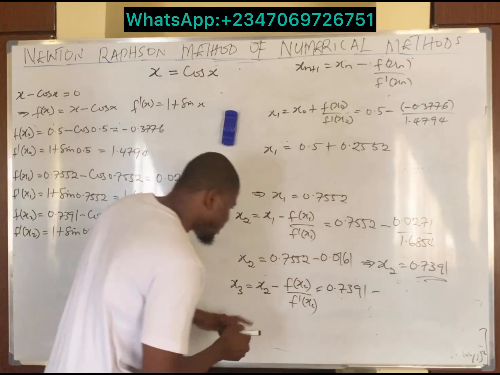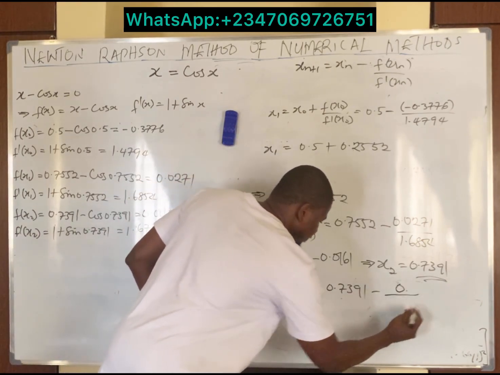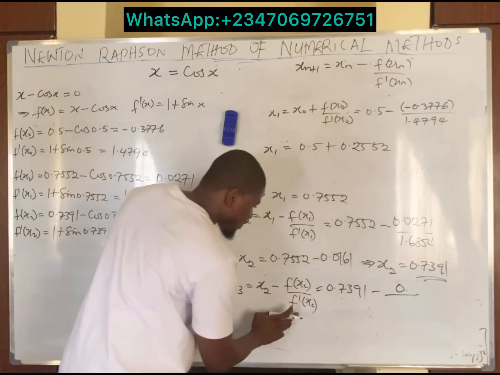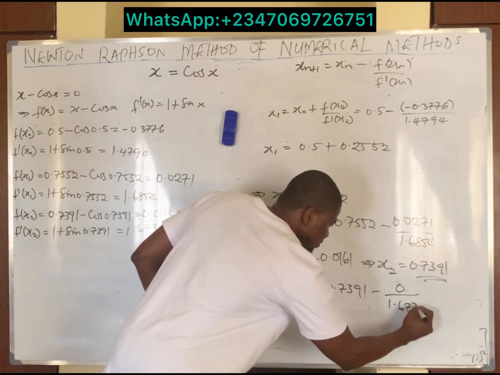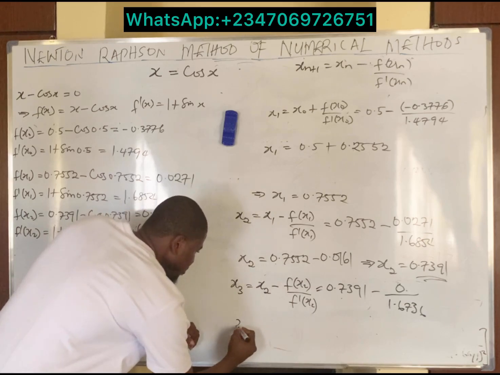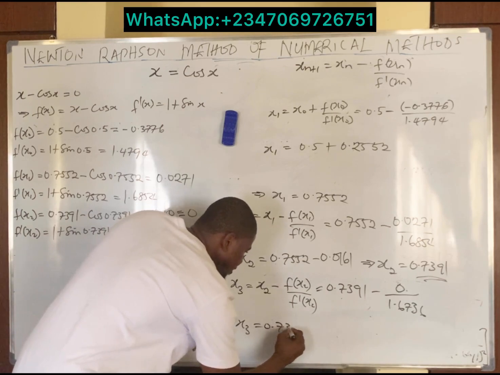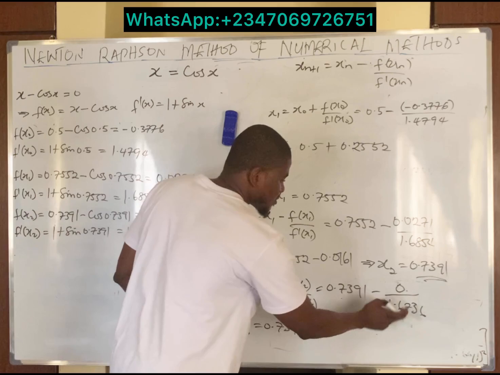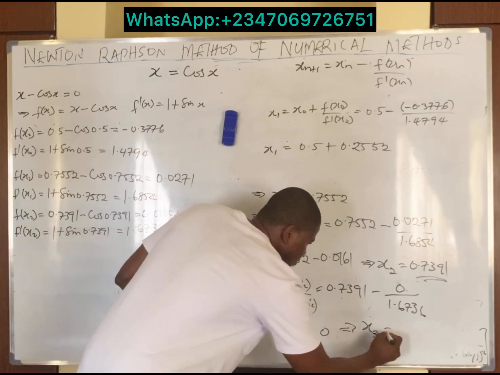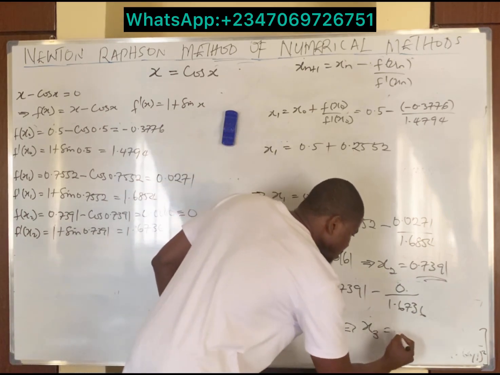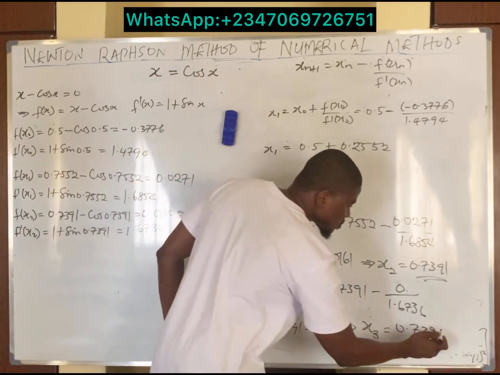So you have f of x2, which gave us approximately 0, divided by f prime of x2, which is 1.6736. So this means that our third root x3 is going to be 0.7391 minus 0 divided by this, which obviously is 0. So this simply implies that the root of that equation x3 is going to be equal to 0.7391.